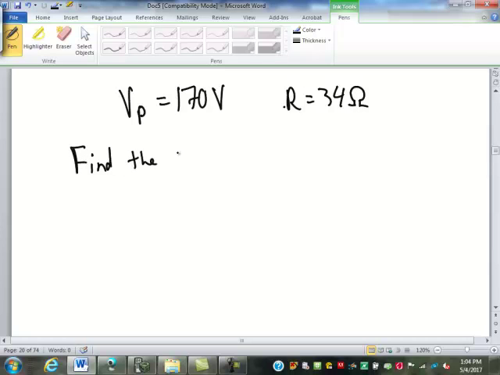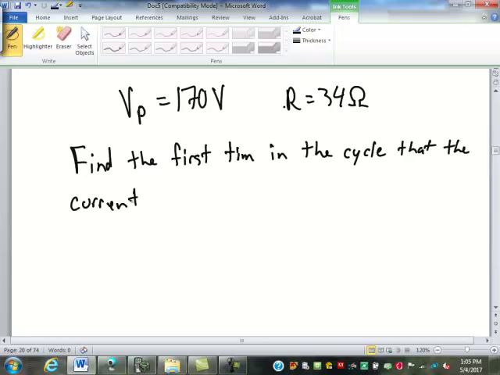Find the first time in the cycle that the current is at 2 amps.